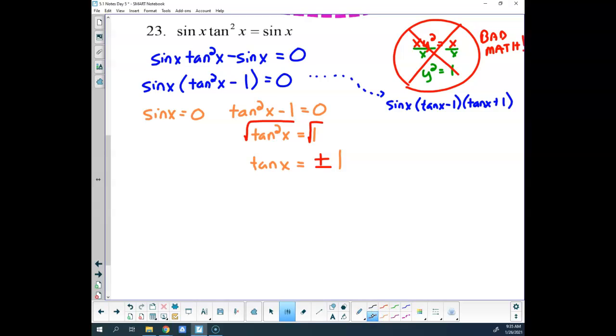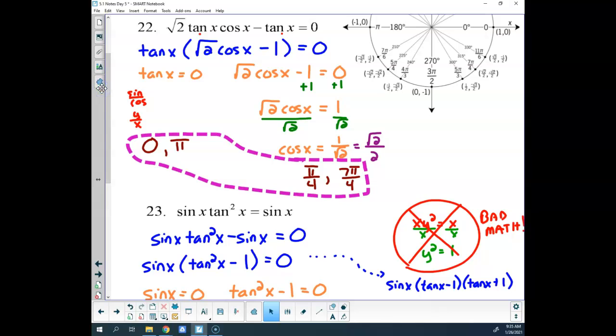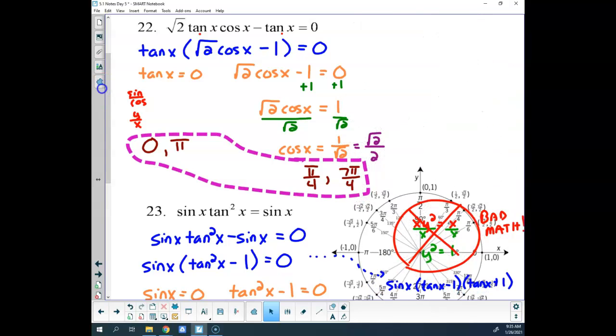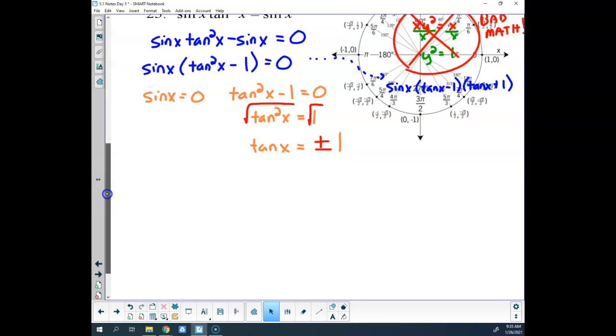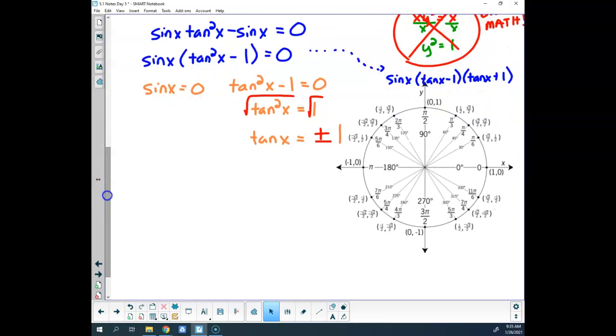So, sine of x equals 0. Sine is my y. Let's bring back our old pal, Mr. Unit Circle or Mrs. Unit Circle, whichever one you prefer. There it is. Sine is 0 where my y value is 0, which happens at 0 and pi.